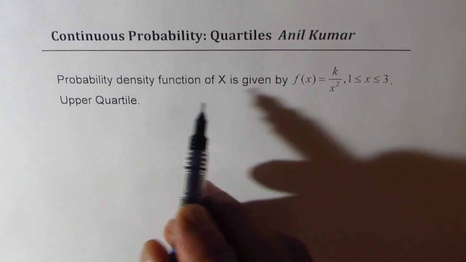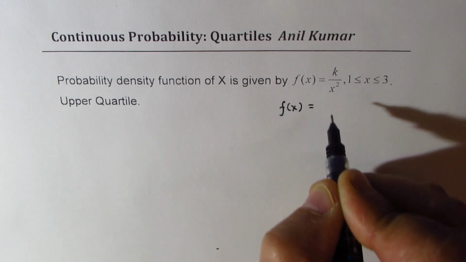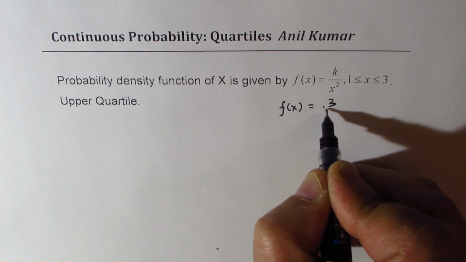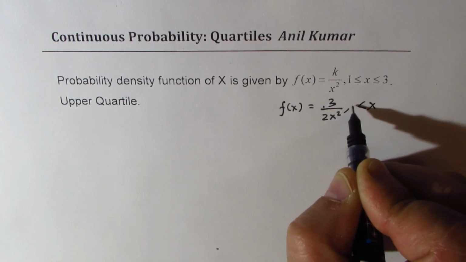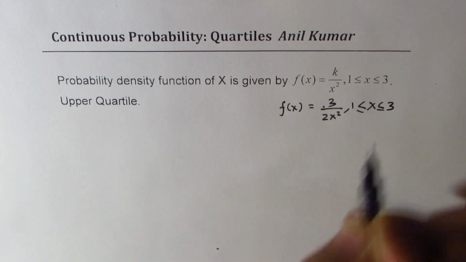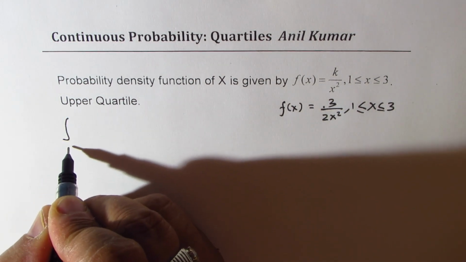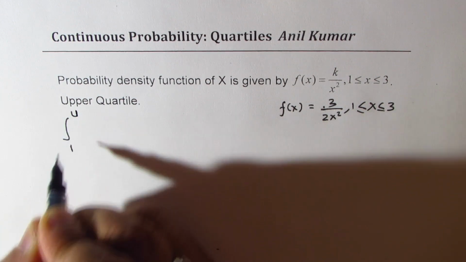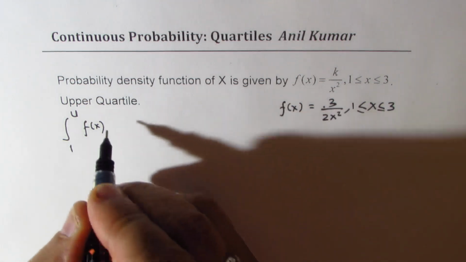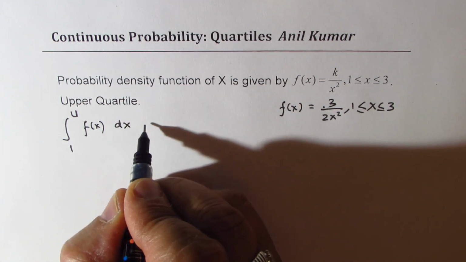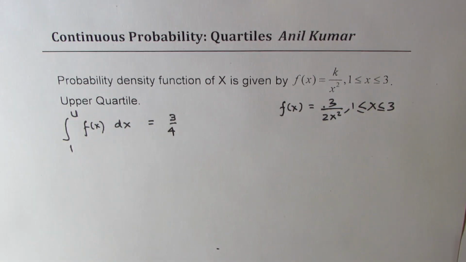So the probability density function of x is given to us as f of x equals 3 over 2x squared, where x is between 1 and 3, closed interval. To find the upper quartile, we'll integrate from 1 to the upper quartile the probability density function f of x, and that should be equal to 3 over 4 or 0.75.